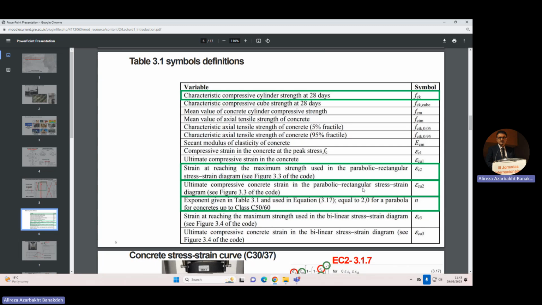This is the definition of different parameters in that table. We only need these four parameters. Write them down for yourself, everybody for himself or herself.